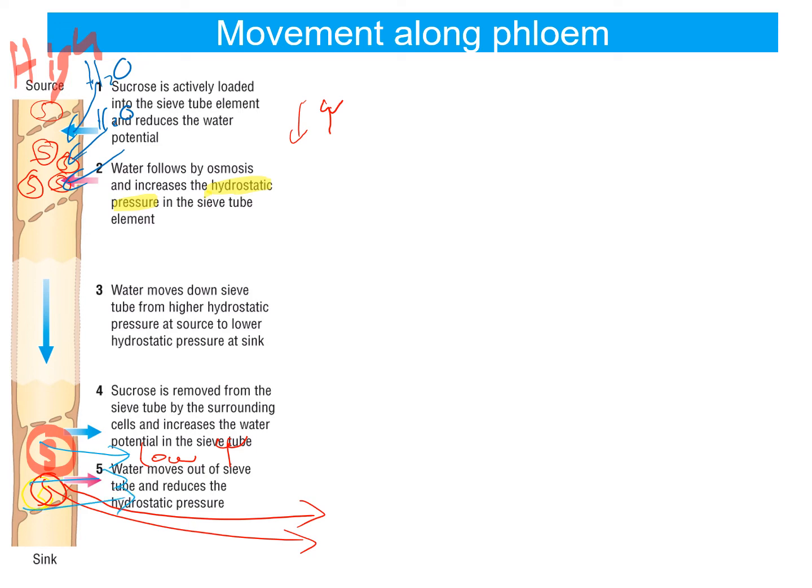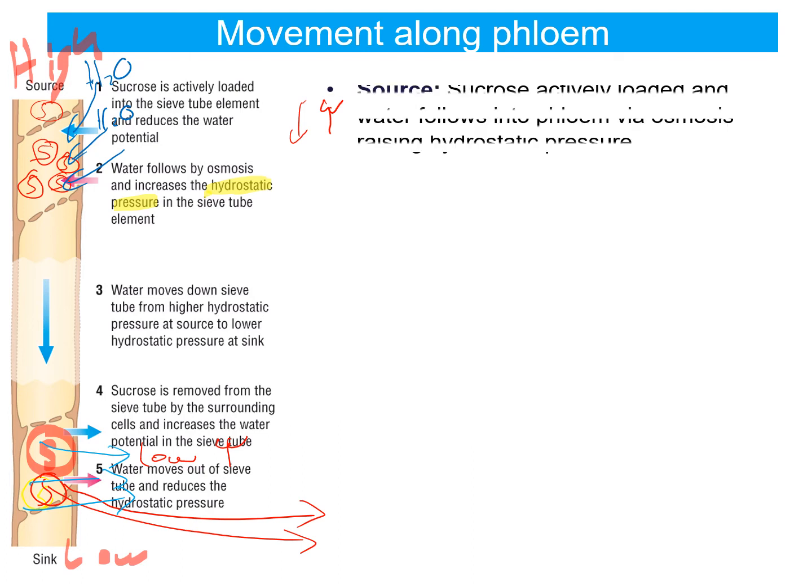That creates a pressure difference between the source and the sink. So the source, the loading of the phloem, has a high pressure, the sink has a low pressure. So this causes mass transport movement from high to low pressure.